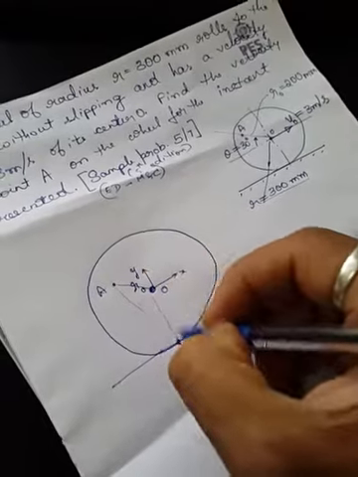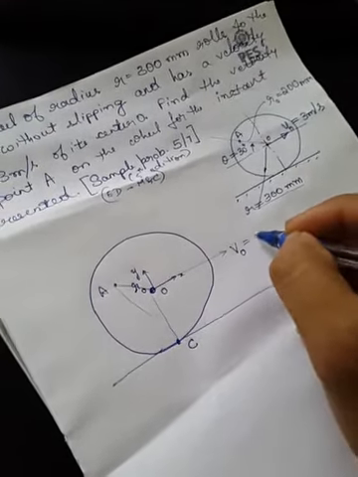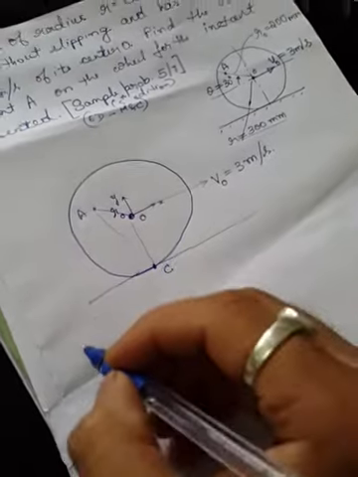Now we know that the velocity in this case is V0 equals 3 meters per second. So now we have to write the velocity vector equation.